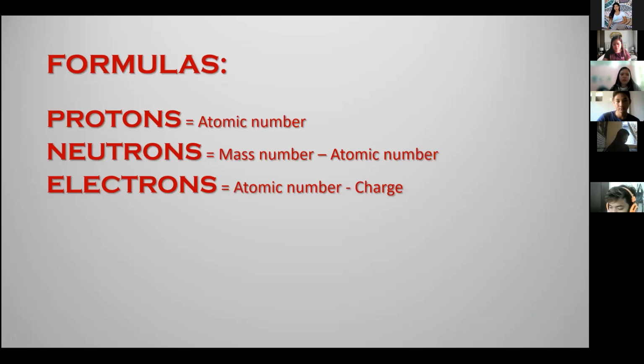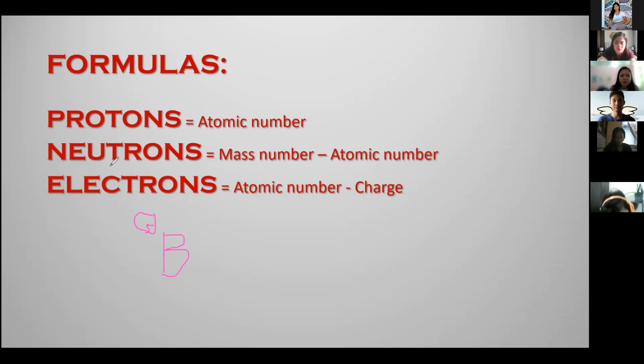Let us first talk about the formulas that we need in order to calculate the number of protons, neutrons, and electrons. Let's start with the number of protons. This is always equal to the atomic number. For example, boron earlier has 5, so this will be our protons.